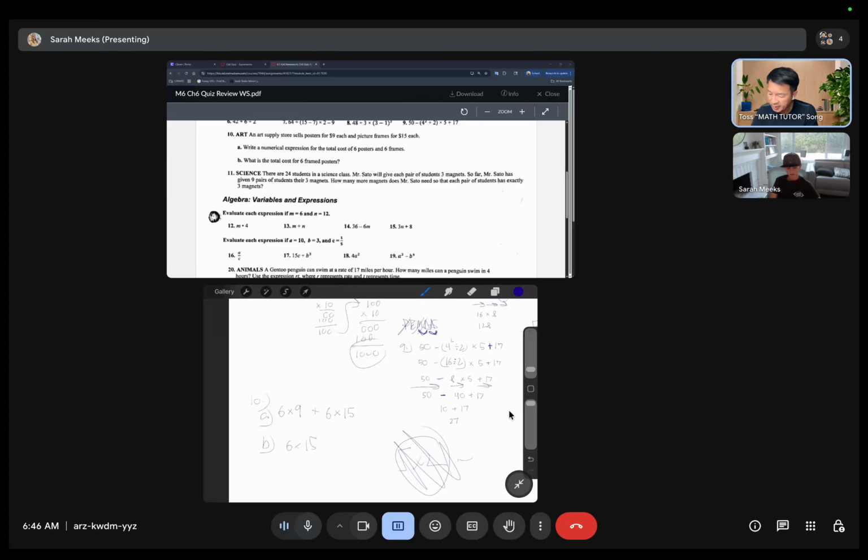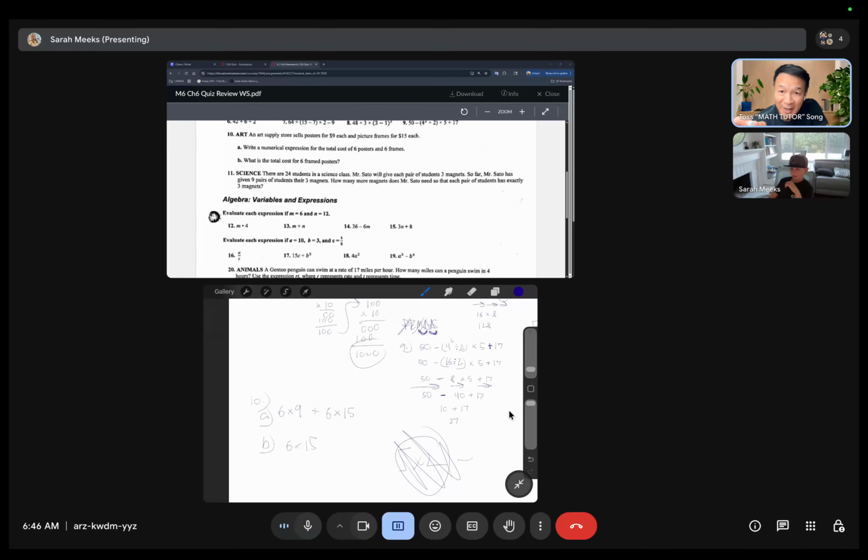Yeah, so you're just gonna multiply that and see what that turns into. But I don't know about the total cost of 6 framed. Let me see, 6 framed posters. Oh, it does.